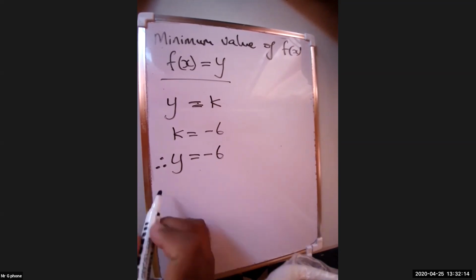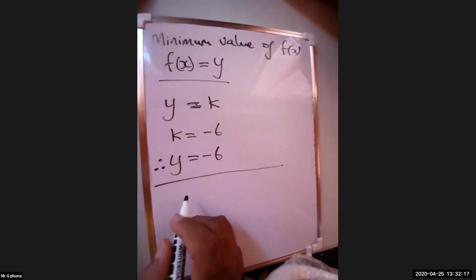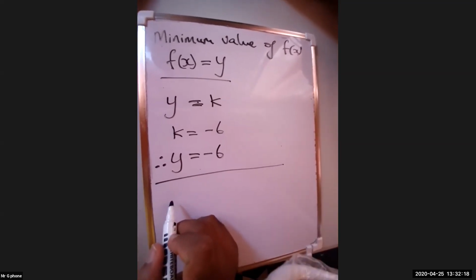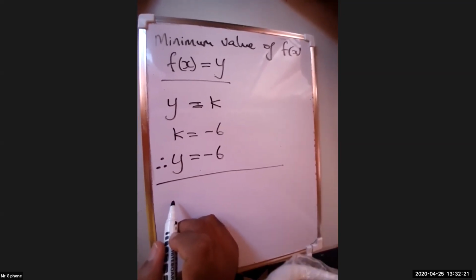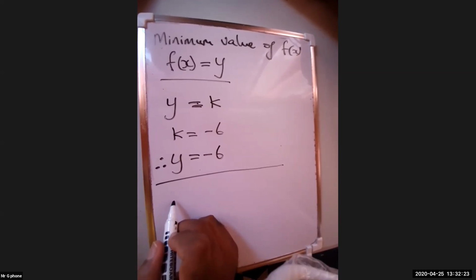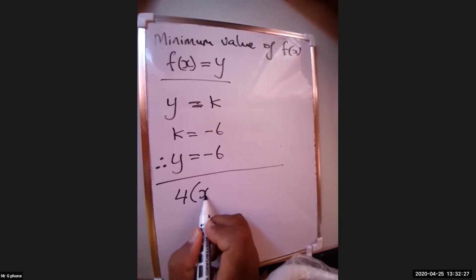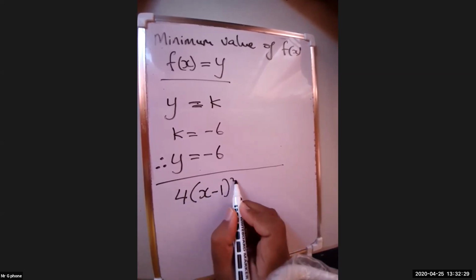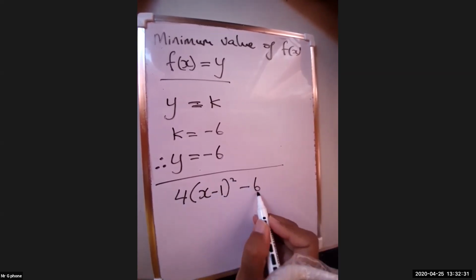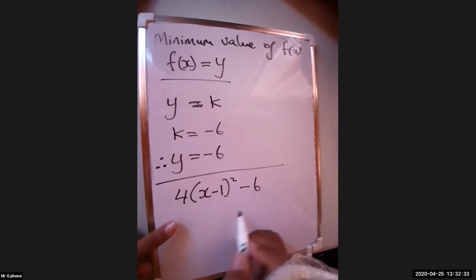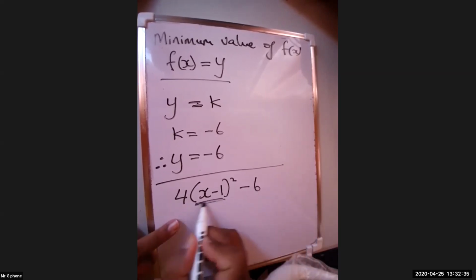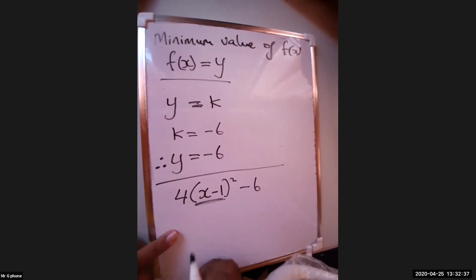No, sir. Okay. And of course, can you all recall the answer just now? It was 4 into x minus 1 squared minus 6, right? This is the y value here. This is the key. So what is inside of the bracket is what we take to help us find the x value.